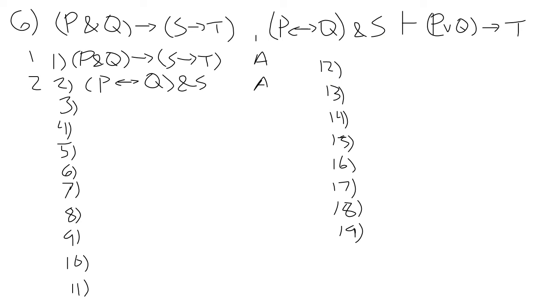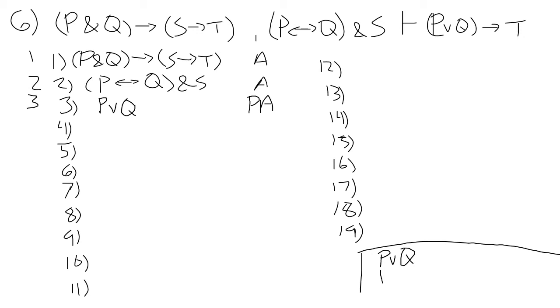Again, we see here in problem 6 that our main operator in our conclusion is an arrow, so we should be making a PA of the antecedent, which is probably going to be an indication that we're going to have a wedge out. So we're going to be looking for these.